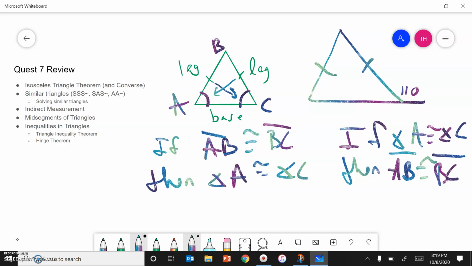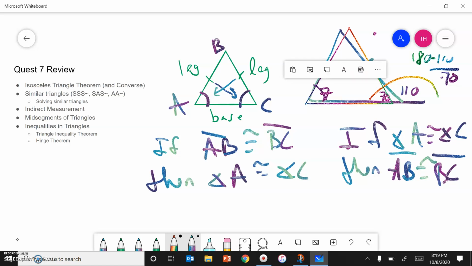Because if that's 110, another vocab review, these two are a linear pair, so therefore they're supplementary. So 180 minus 110 gives me 70. So this angle right here is 70. And because it's a base angle of an isosceles triangle, this angle right here would also be 70.